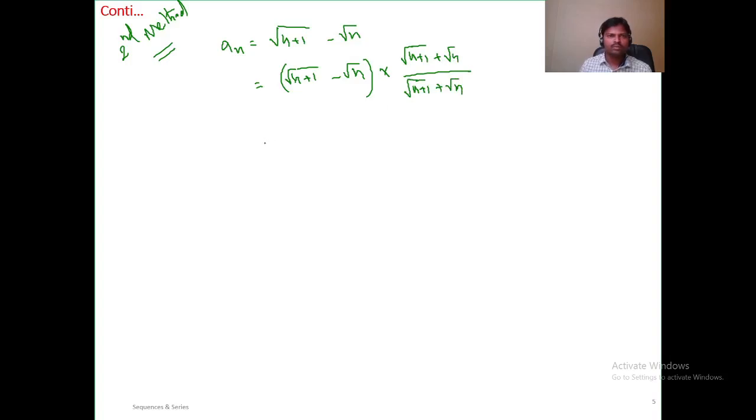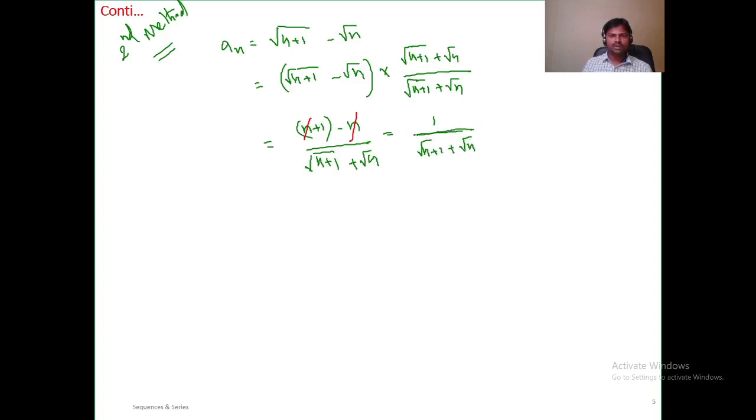So the numerator will be a minus b into a plus b, a square minus b square, right? So n plus 1 minus n in the numerator, and denominator root n plus 1 plus root n. Okay, now what will remain here? Simply n cancels out, right? So minus n plus n cancel out, only 1 remains. So therefore 1 upon root n plus 1 plus root n.